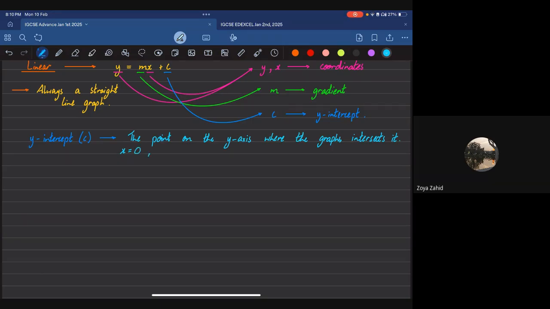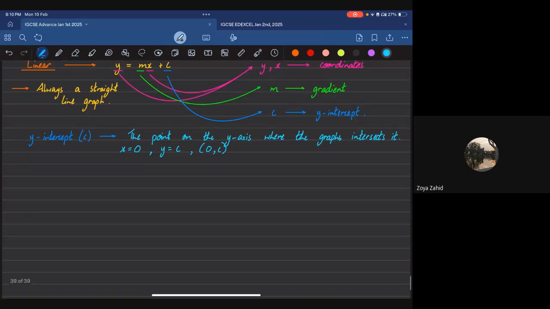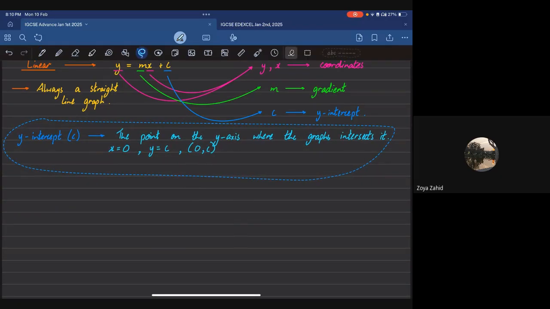So if x is equal to 0 and y is equal to c at that point, we write it with the variable c. That means my coordinate is actually (0, c). Obviously, c is a variable and will be replaced by some number. Now we're going to look into gradient.